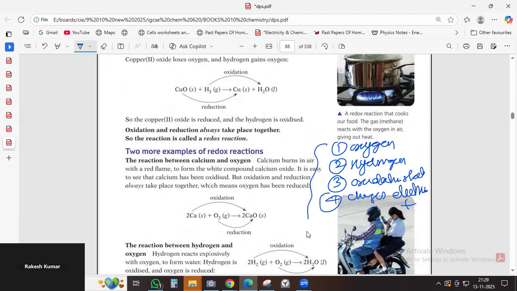So with all these ways you can decide. Some reactions don't have oxygen and hydrogen, so there you have to deal with these two. There's no other way out. And some have oxygen and hydrogen, so they are easier to understand, but not all will have. So this is the way. Okay, Diksha, did you understand?